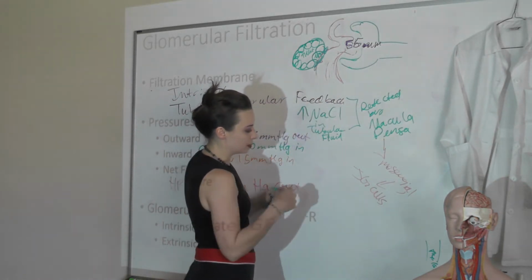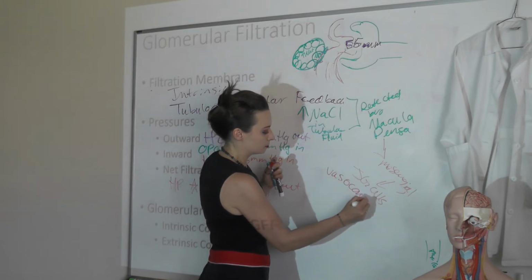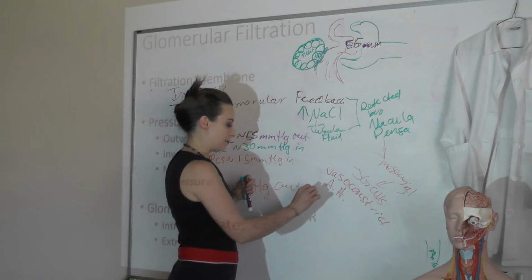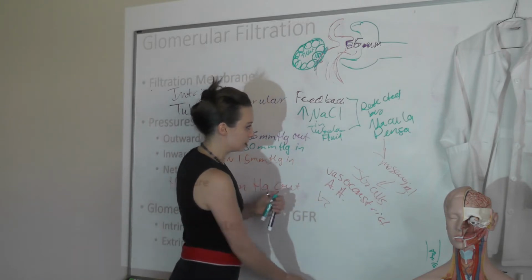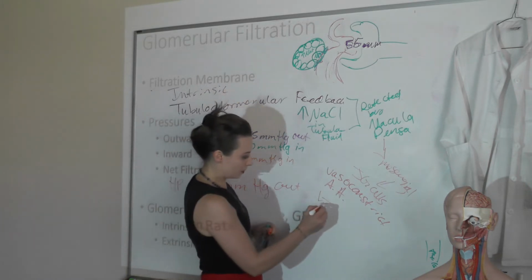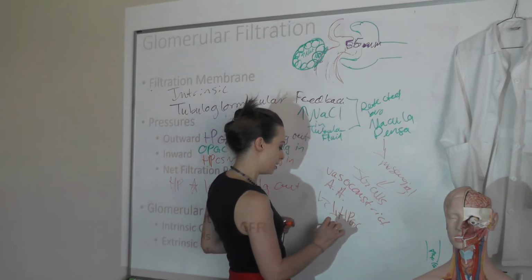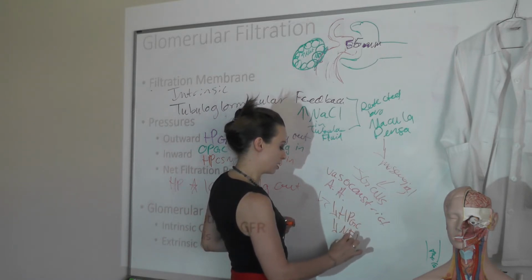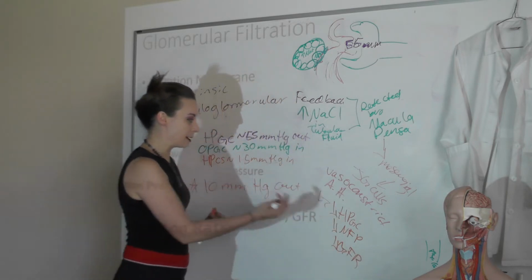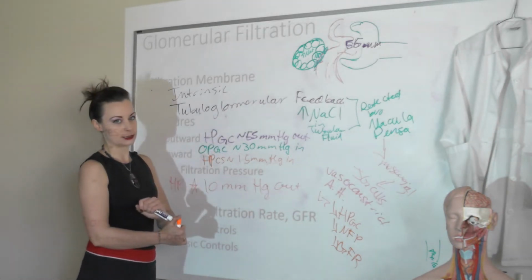So we're going to tell the JG cells to vasoconstrict the afferent arteriole. The effect of this is that we will drop our hydrostatic pressure in the glomerular capillary, which will drop our net filtration pressure, which will drop our glomerular filtration rate, and we'll have time to reabsorb sodium chloride, and then we'll come back to homeostasis.